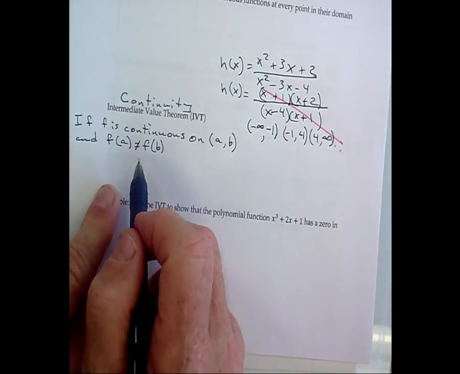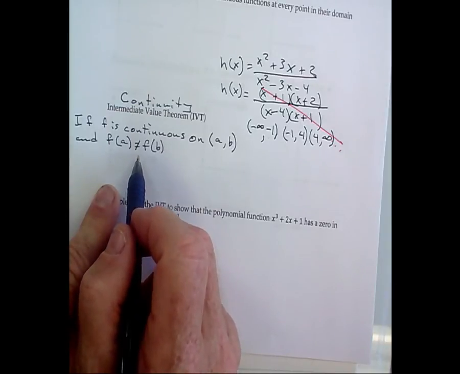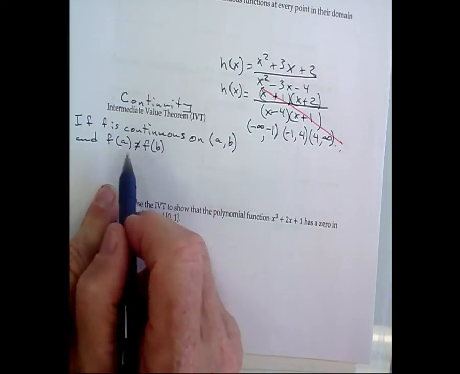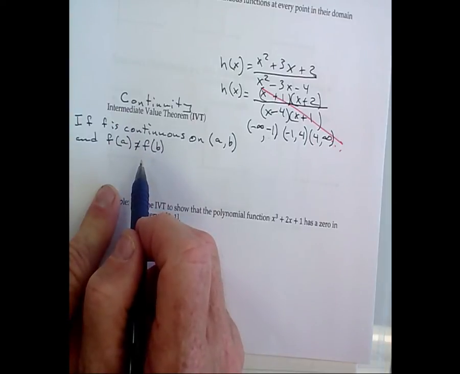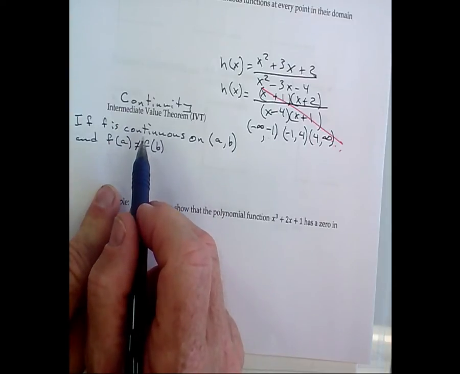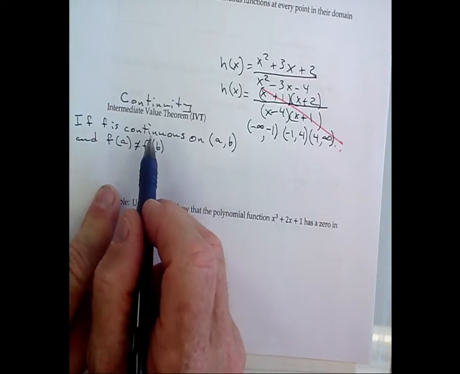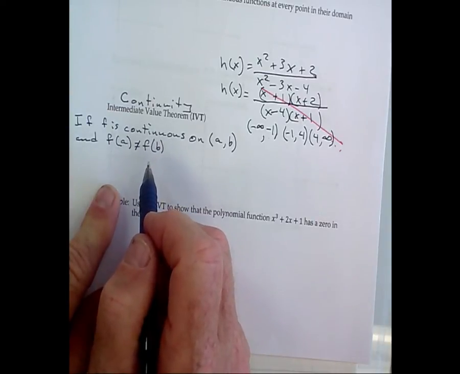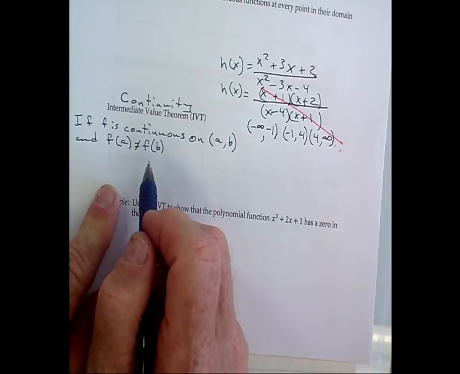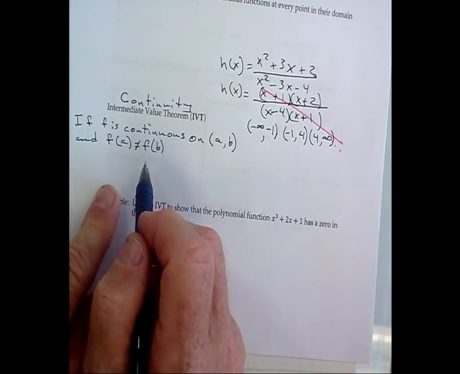They're y values, right? Okay. It means one y, if they're not equal, it means one point's higher than the other point. Would you agree? So as I go from A to B, I'm either going up or I'm going down. Would you agree with that? In some sense. Does that make sense? That's why it's in there.